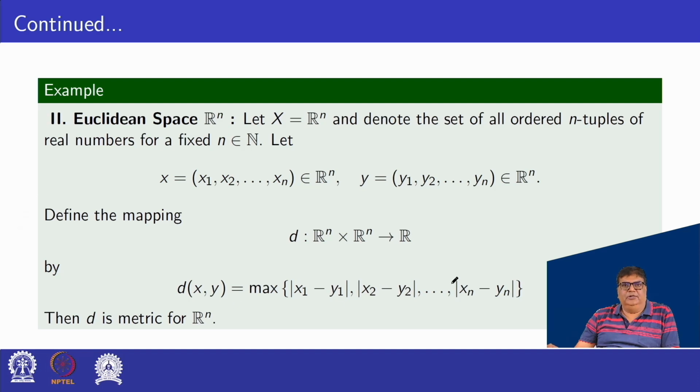Also we can prove the triangle inequality: we add z1 and subtract z1, and in the next term add z2 and subtract z2, and so on. We apply the property |z1 plus z2| is less than or equal to |z1| plus |z2|. So we can easily prove d(x,y) is less than or equal to d(x,z) plus d(z,y).